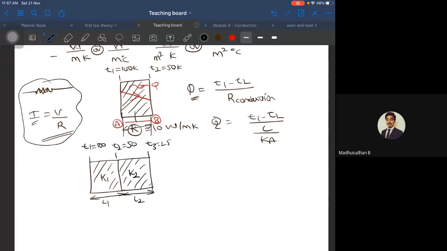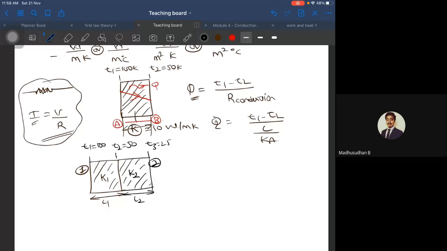So this is the scenario now. Let me name these slabs before we get into it. This is slab 1, and this is slab 2.